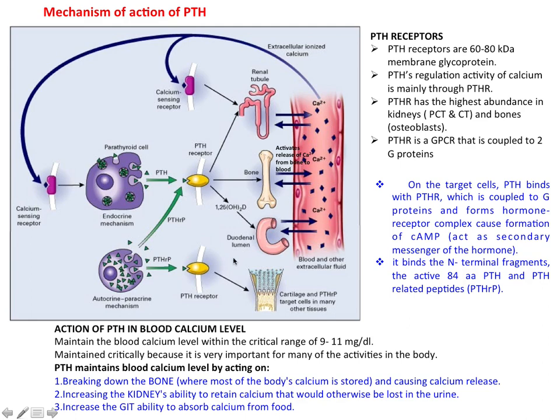On the other hand, it can increase the kidney's ability to retain calcium ion so that it can prevent the release of calcium ion through the urine. And it also increases the GIT or gastrointestinal tract's ability to absorb calcium ion. So in this way, the parathormone or PTH can balance the calcium ion in the body.